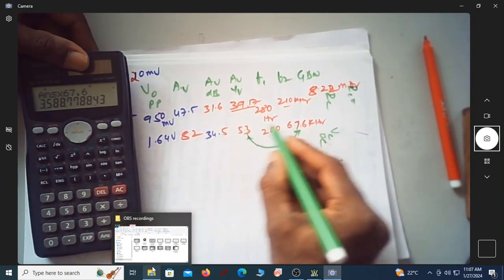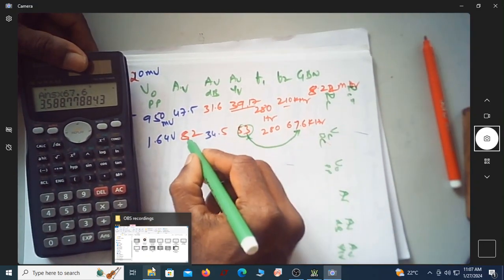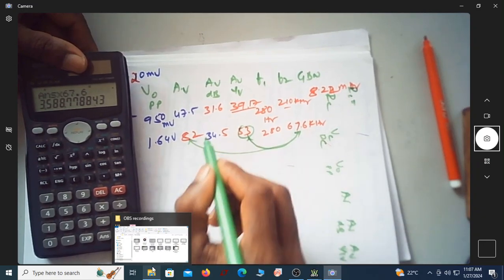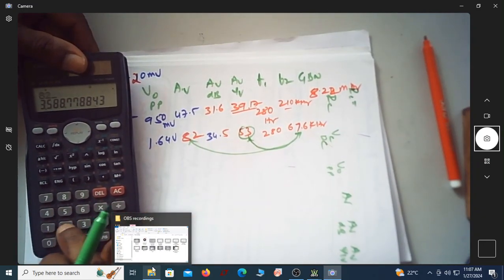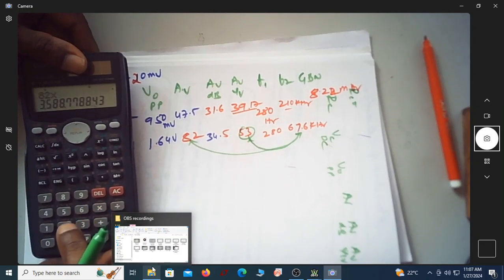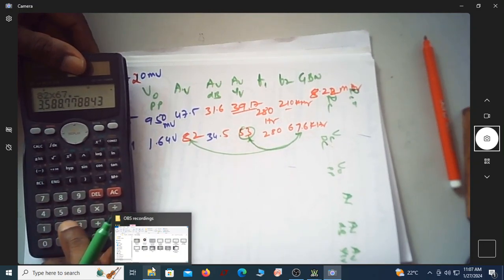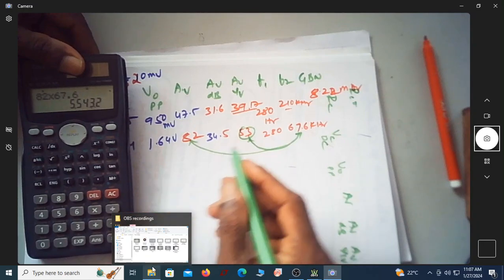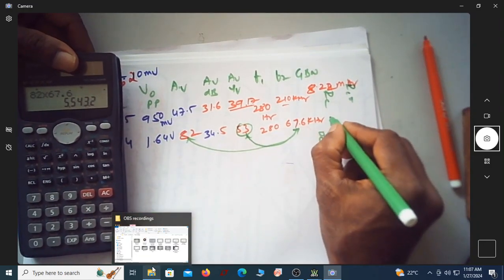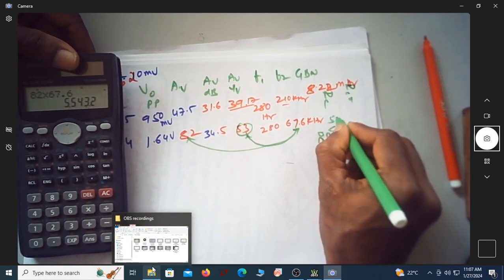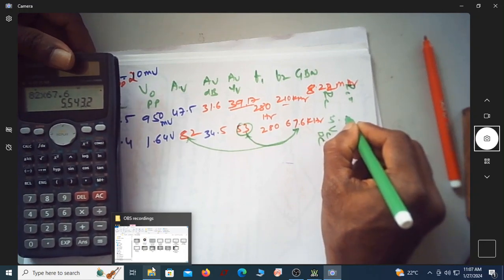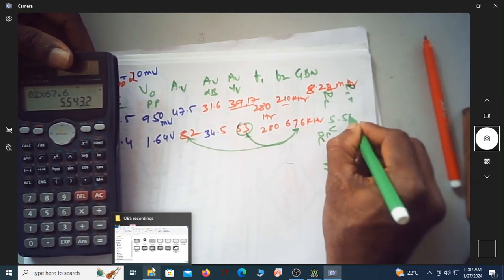Let me multiply this with this. So what is this? Now it is 82 into 67.6. Can you see it is 5.54 megahertz.